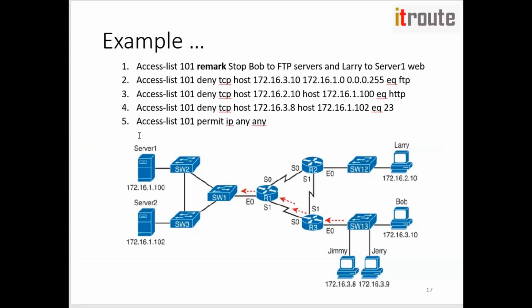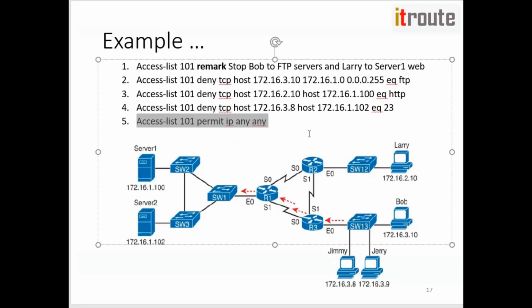But the problem is, because you already said deny here, the router takes decisions based on first match logic. It will not check your 6th line, right? So you need to remove this one and fix this problem, because that's how we can make your sequence numbers correct.